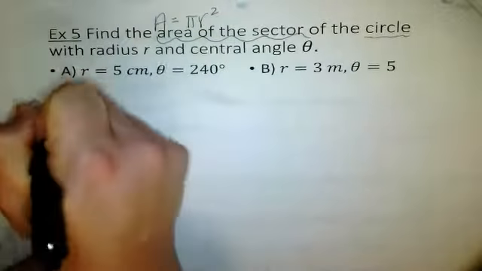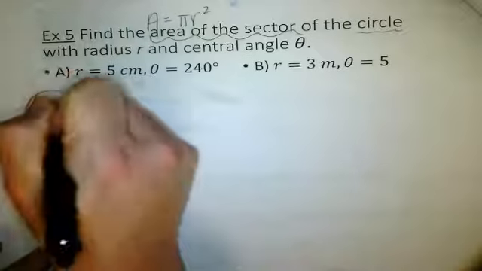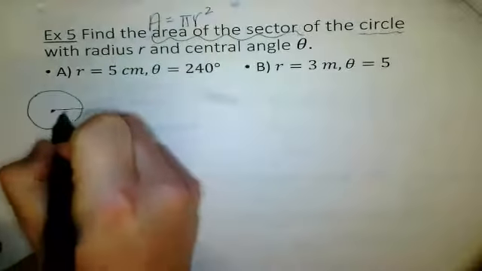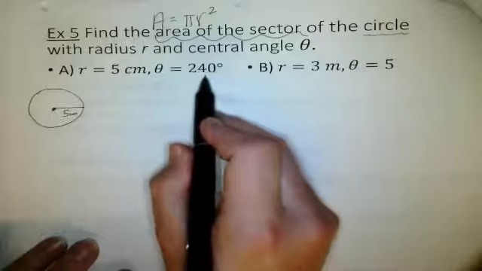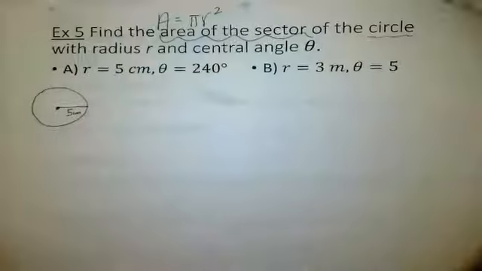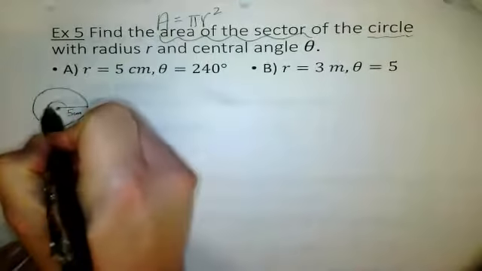And again, I just want to draw a little picture. Our radius is 5 centimeters and 240 degrees. Where does that terminate? Which quadrant does it lie in? Quadrant 3. Yes. Okay, so I'm going to draw 240 degrees.